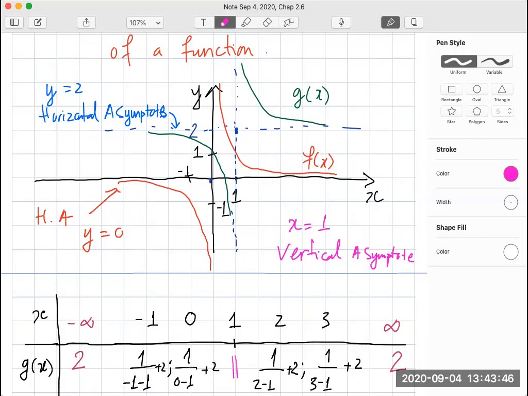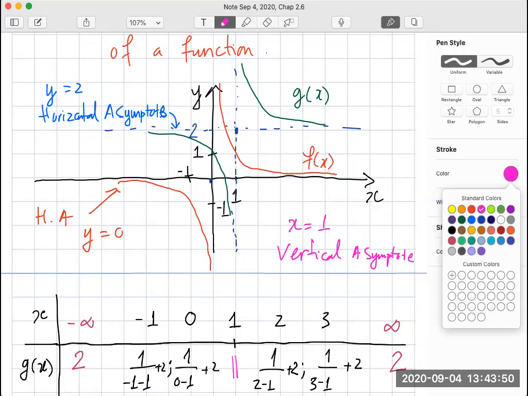See it here? Or the vertical asymptote of the function f of x is the line x is equal to 0 of this function. Just some definitions.